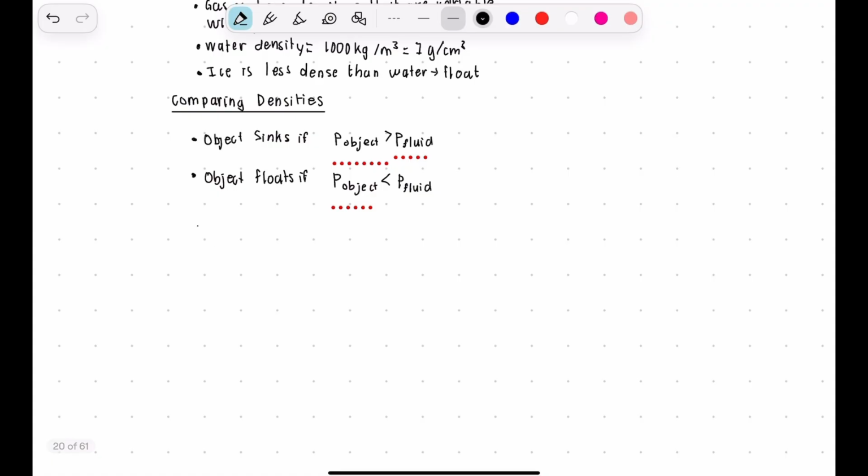Now, you should know that the object is neutrally buoyant when the density of the object is equal to the density of the fluid.